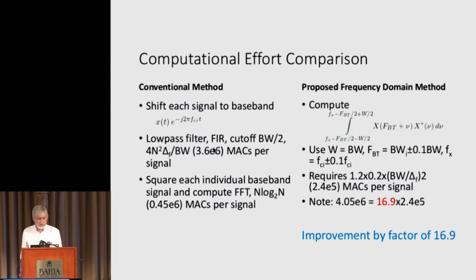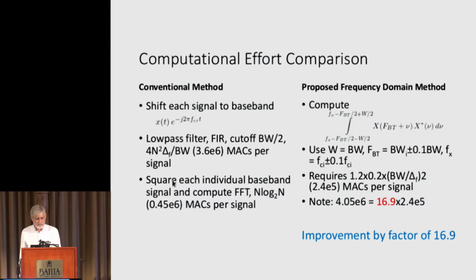Then you need a low-pass filter for each of the signals. And that actually turns out to be the major effort that you have to do computation-wise. So I estimated this to be about 3.6 million multiply accumulates per signal.